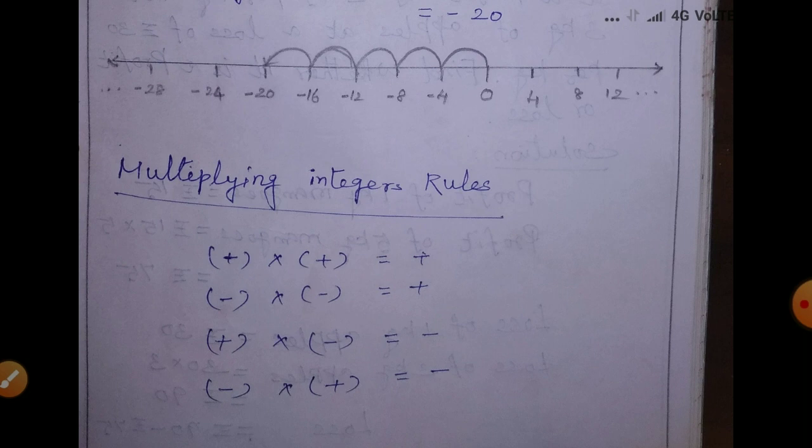Third condition, plus into minus is equal to minus. Fourth one, minus into plus is equal to minus. These are the multiplying integers rules.